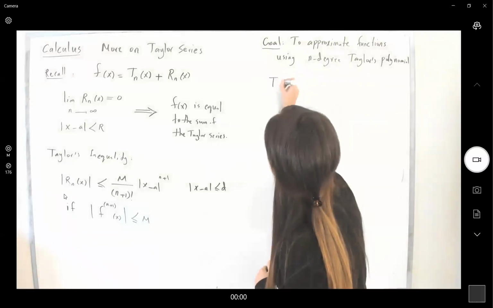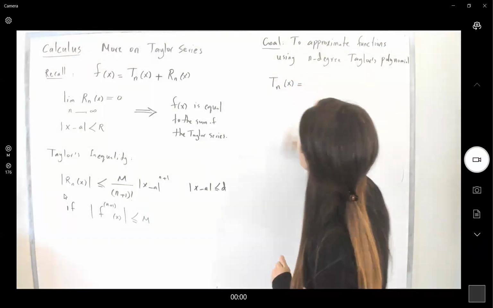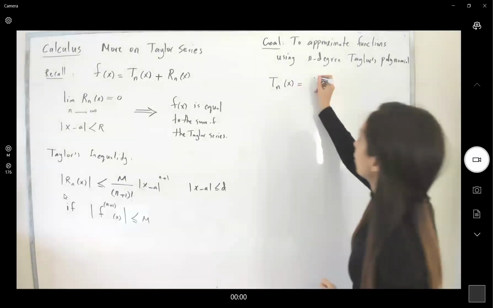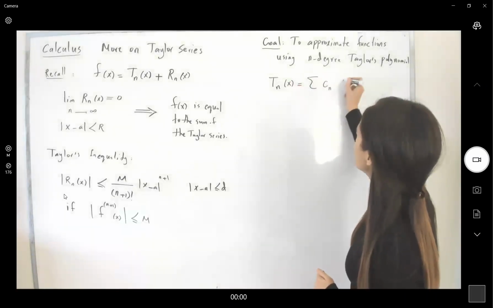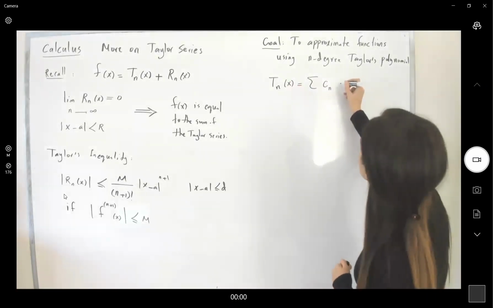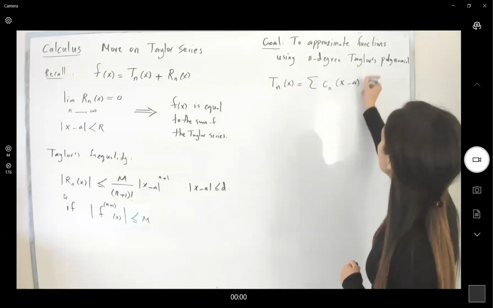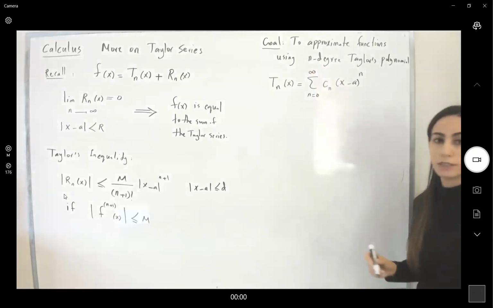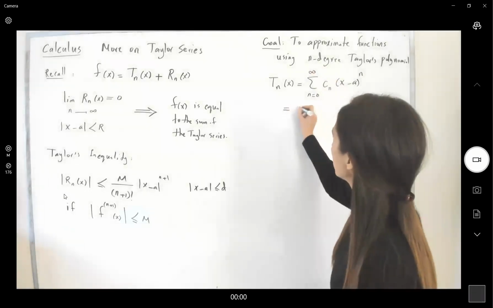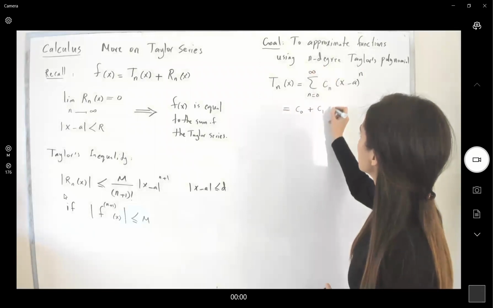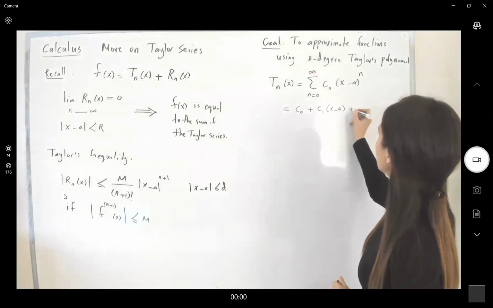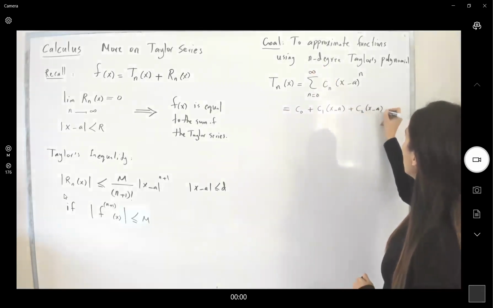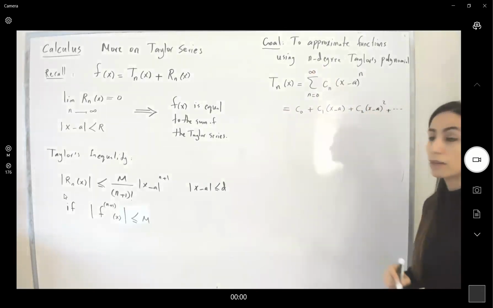Remember, we say that Taylor series is defined as the sum of C sub n times x minus a to the power n, starting from 0 and going to infinity, or you can write it in expanded form: C sub 0, plus C sub 1 times x minus a, plus C sub 2 times x minus a squared, plus the rest of the terms.